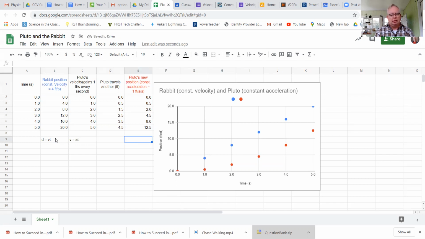And because the speed is changing all the time, we can't use that first equation for distance. We have to have a new equation for distance. And that is distance equals 1/2 at squared. The 1/2 comes because of this averaging phenomenon. Right, so that's how come we have to have a new equation for calculating distance.